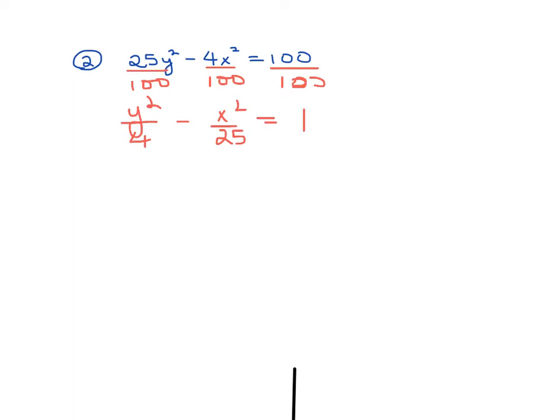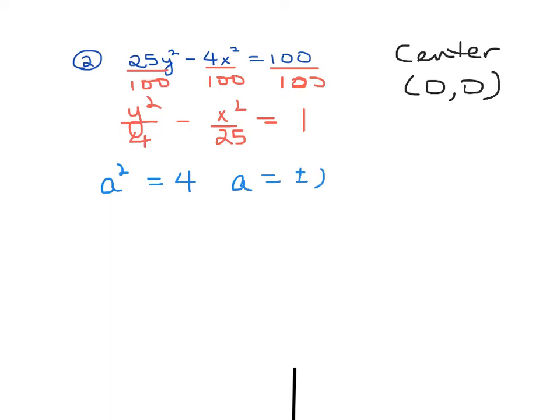Again, there isn't an h and a k in this problem, so my center point, again, is still at the origin. My a value is always first, my a squared, and it's 4. So a is equal to plus and minus 2. My b value will be second. So b squared is equal to 25, so b is equal to plus and minus 5.